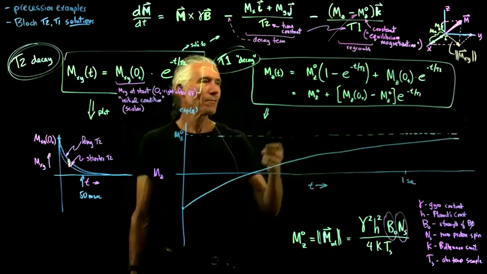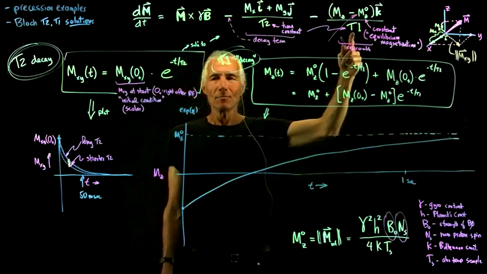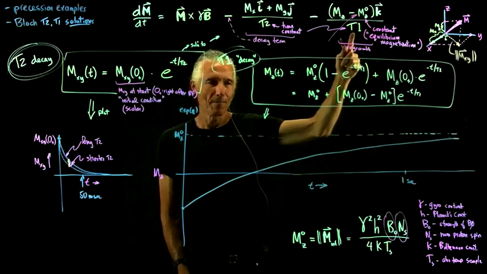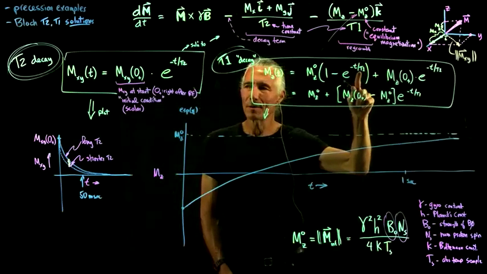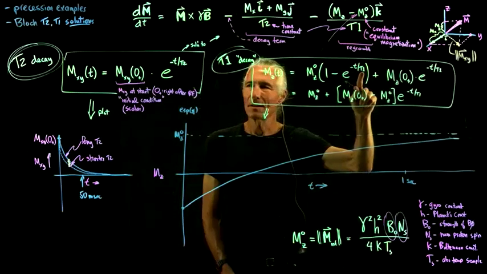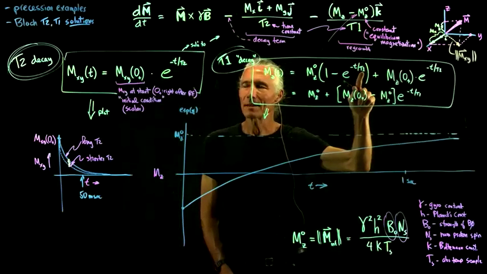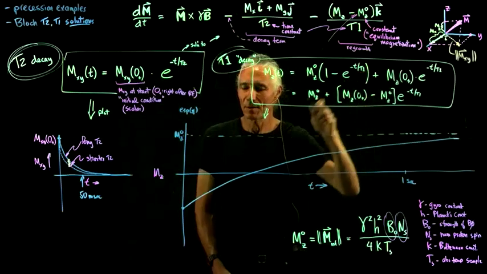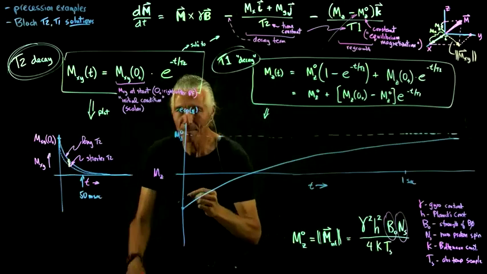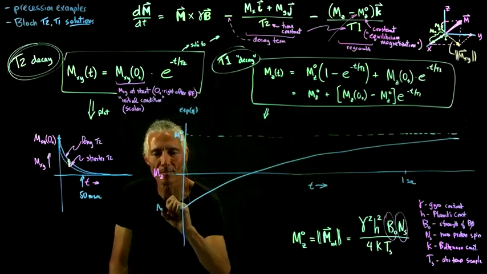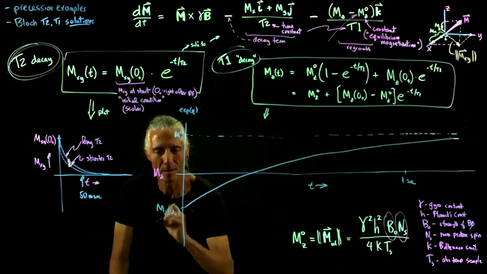So what if we have a T1 that's a little shorter? If T1 is shorter, it's a smaller number here. And what's that going to do? That's going to cause the regrowth to happen quicker. So we'll start at the same thing, this is that mz right after we turned off the RF pulse.